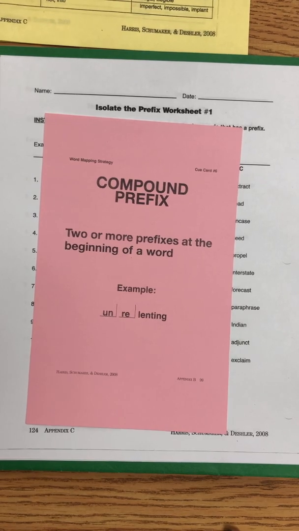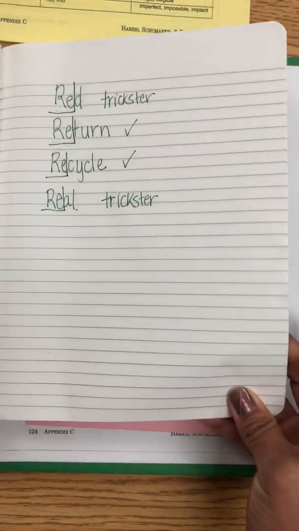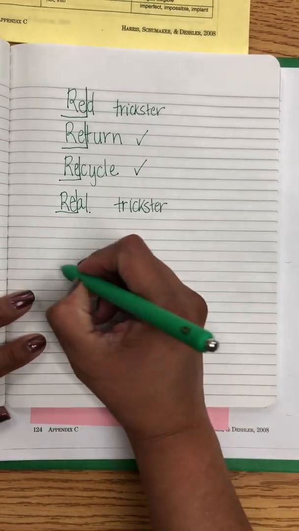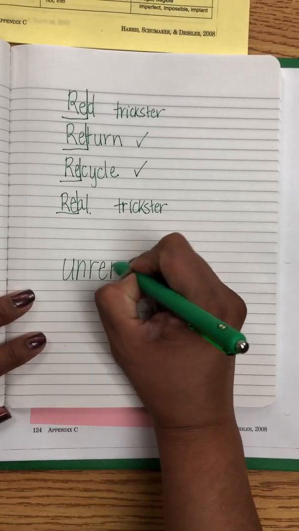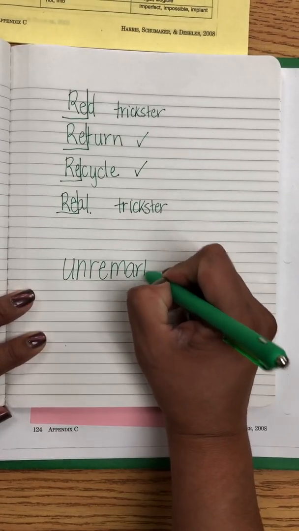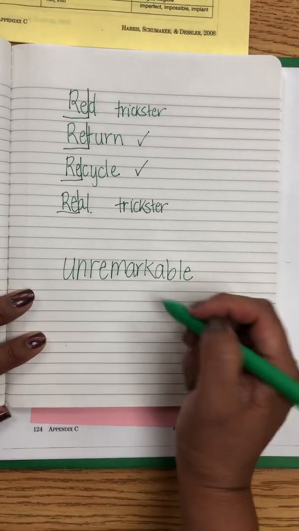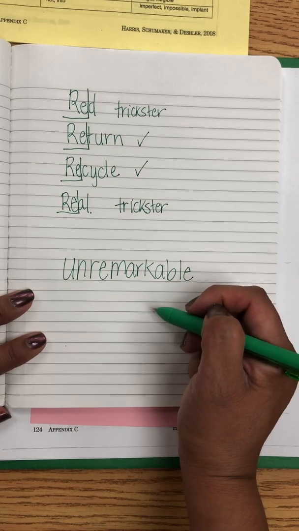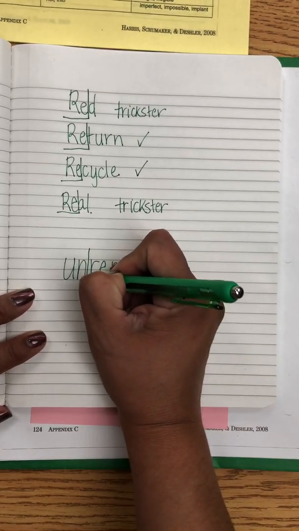So if I take my notes from yesterday, I'm going to take this journal that I wrote in yesterday, and right here I'm just going to write the word unremarkable. And if I were to break this apart, automatically I would look at the front if I was looking at prefixes, and I'd see un.